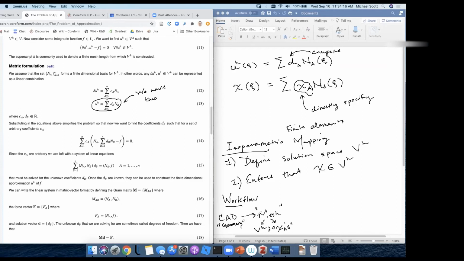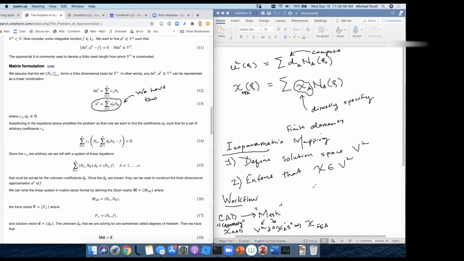Okay, so why don't we say that the CAD is going to give us a mapping, a parameterization. Let's call it X, just how we're using X up here. Let's call this X CAD, and this is going to give us our mapping X FEA.